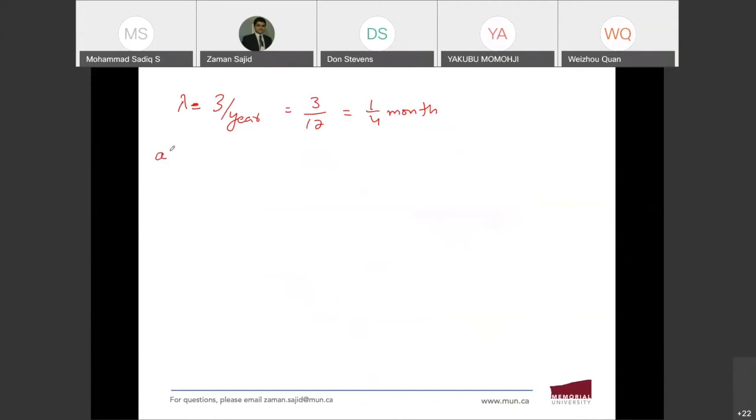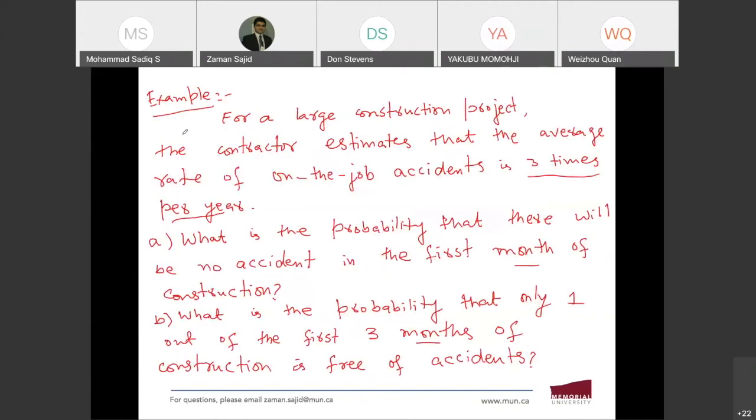Now let's come to the first objective. He's asking what is the probability there will be no accident. So this is the event here, and the X value should be 0. In the first month of the construction, by this I mean the time is 1 here.